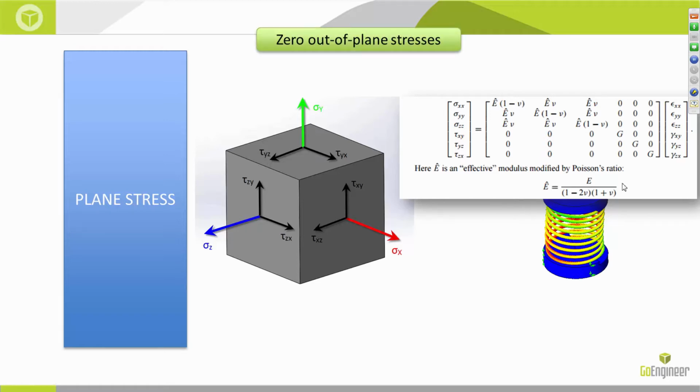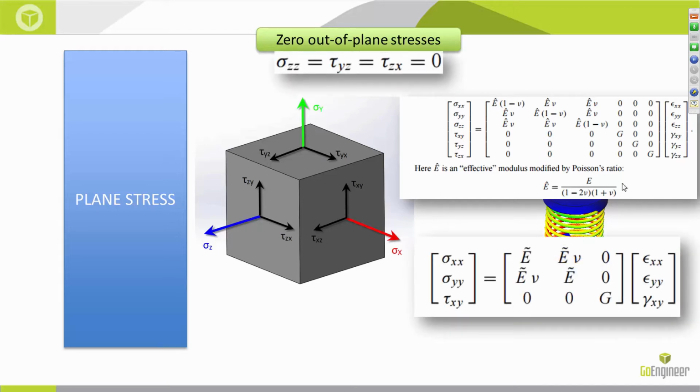Now, what engineers propose with the plane stress configuration is that let's assume a configuration where you have 0 out of plane stresses. Assuming 0 out of plane stresses simplifies this matrix and it speeds up the stress calculation.